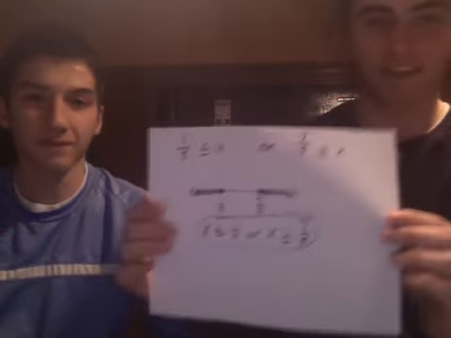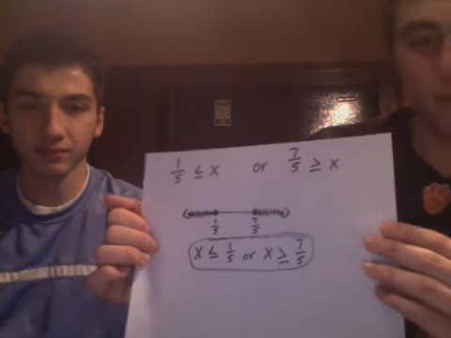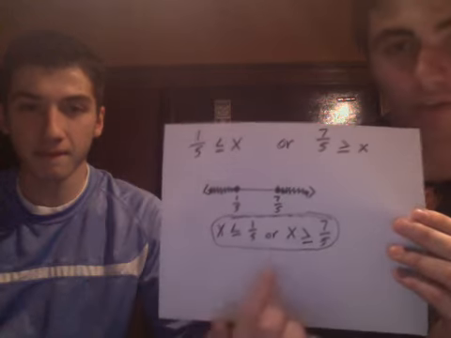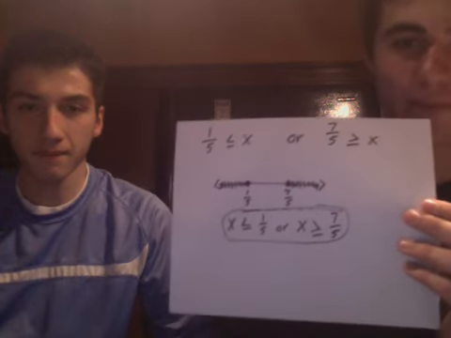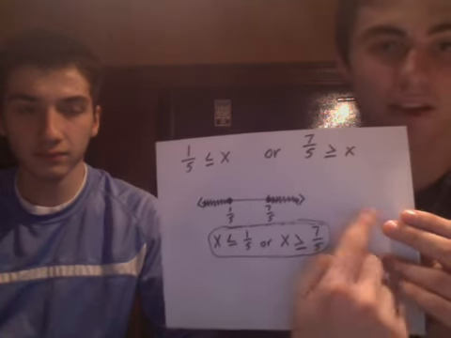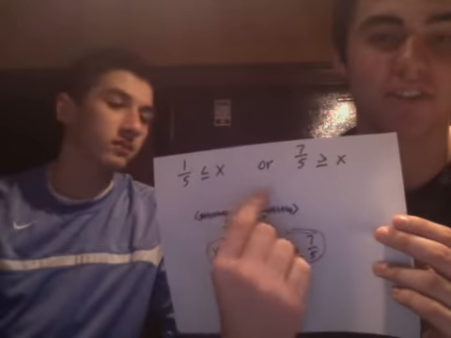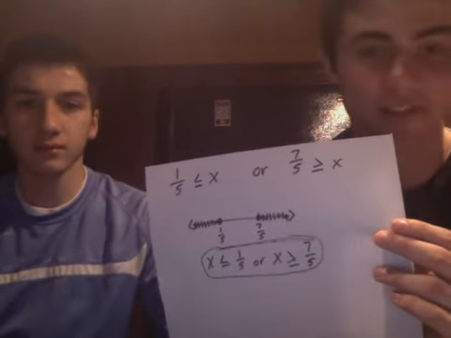And then to graph that, because it's a greater than or equal to, you would put closed dots. We had to divide by negative 5 on each side to get the x by itself.